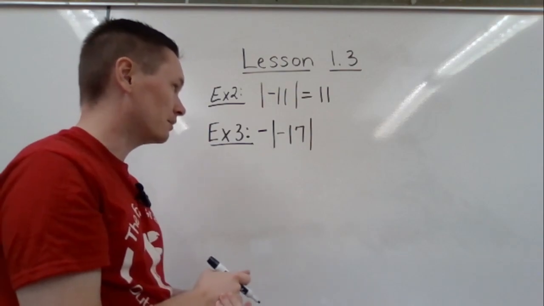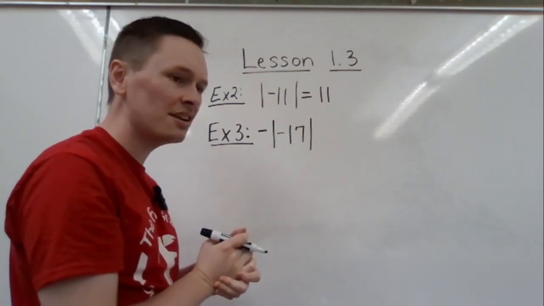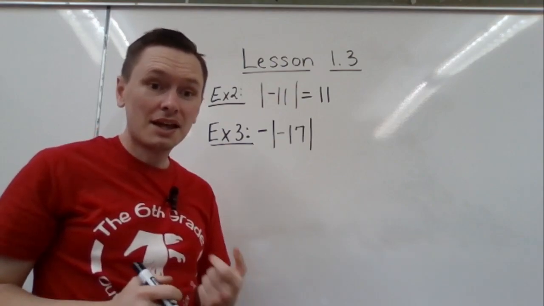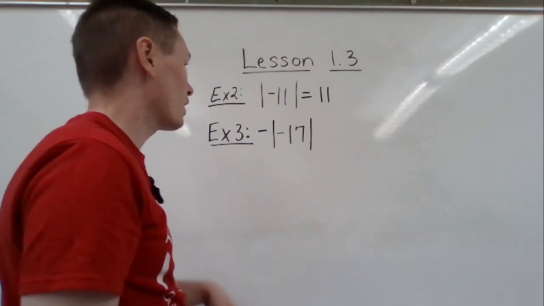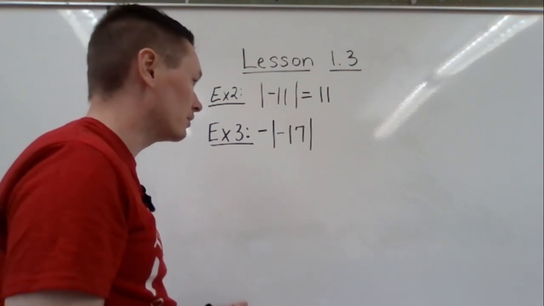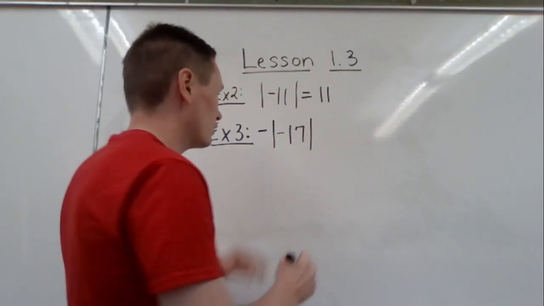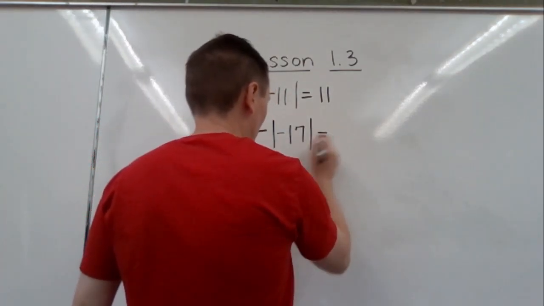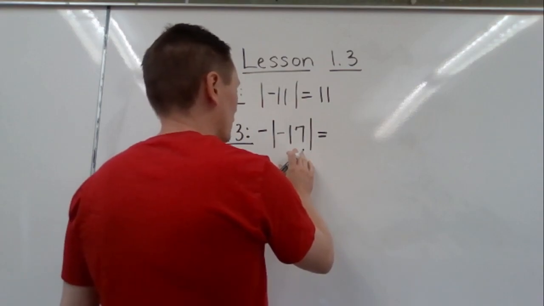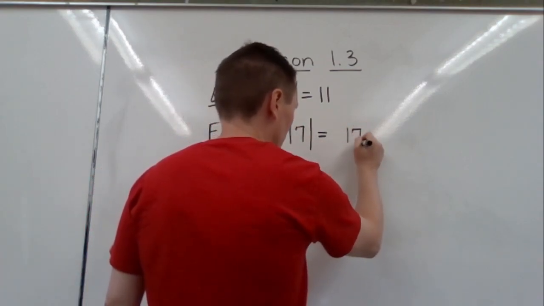So what does that mean? The negative of the absolute value of 17? Something like that? That's confusing. So what we do know is that the absolute value of negative 17 is 17. So we have 17, right?